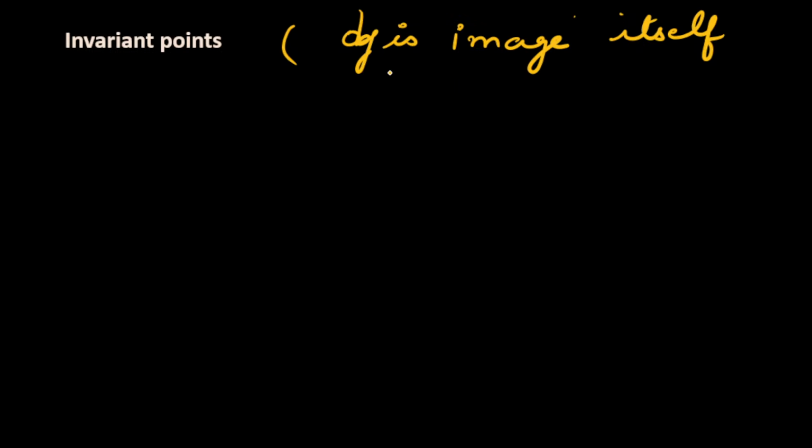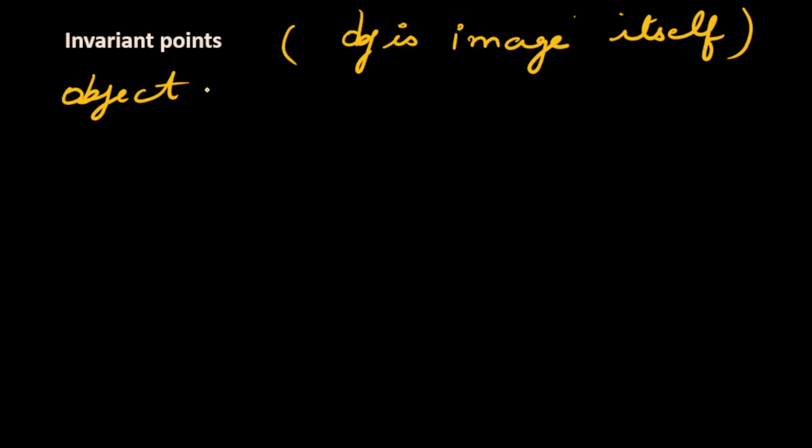Let's do the next topic, invariant points. Invariant points are those points where the object is the image itself. O means object. Object is image itself means object and image are the same.